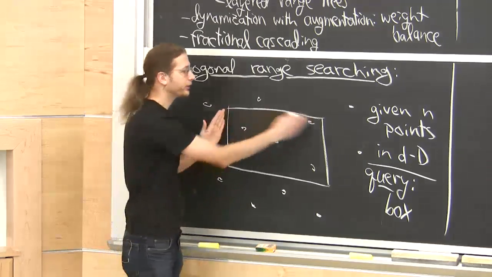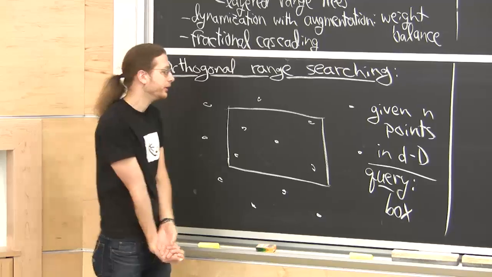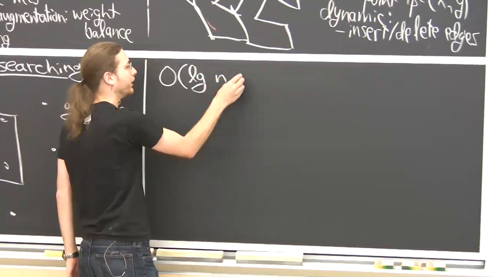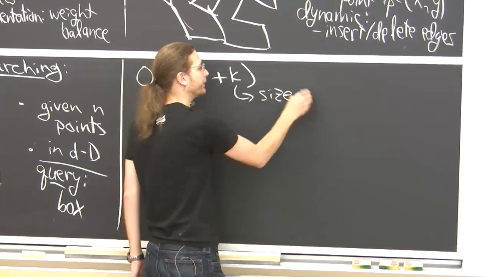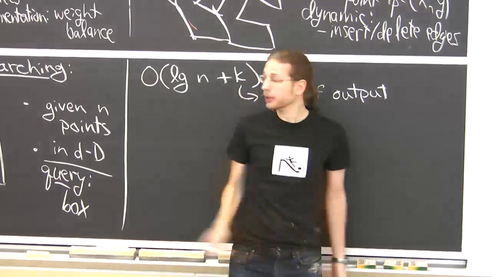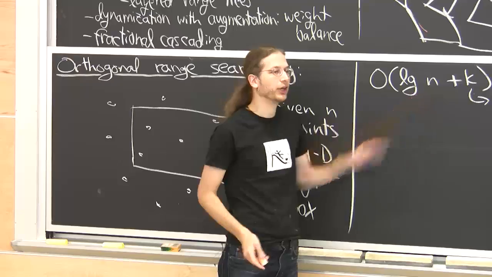But of course, if you want to list all the points in the box, it could be everything, and so that could take linear time. So in general, our goal is to get a running time something like log n plus k, where k is the size of the output. So if you're asking how many points are in there, the size of the output is a single number. So k is 1, you should get log n time.